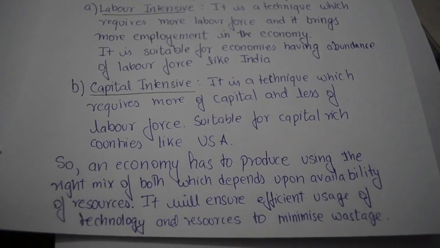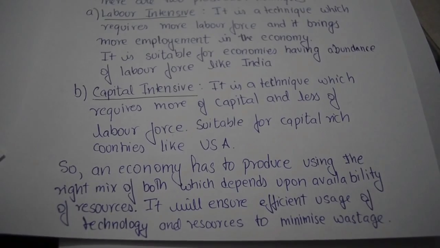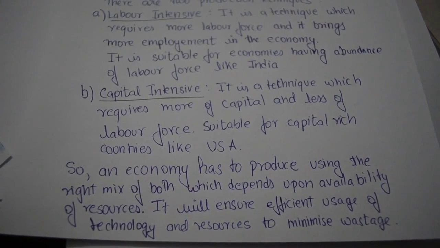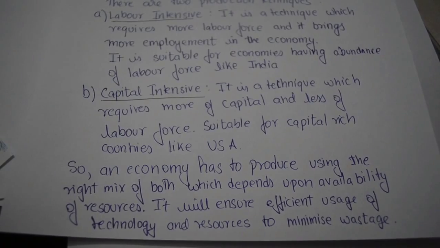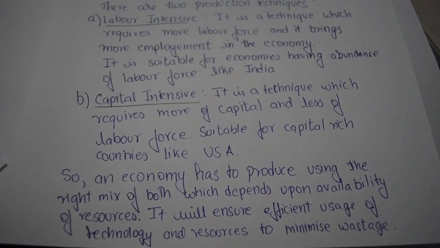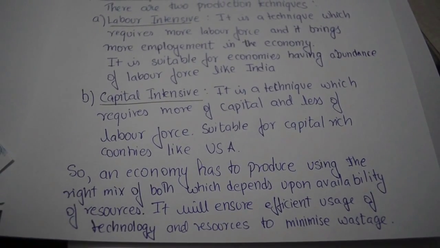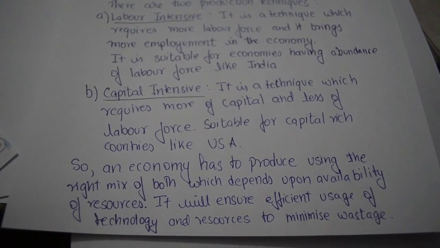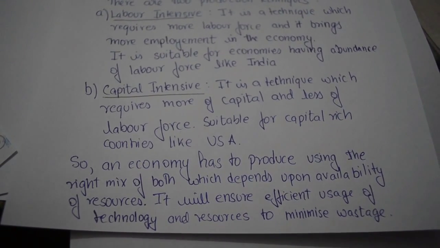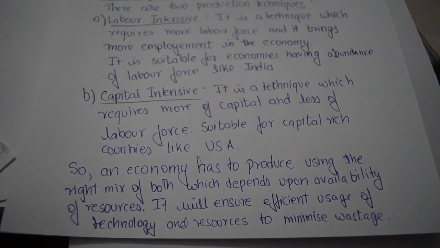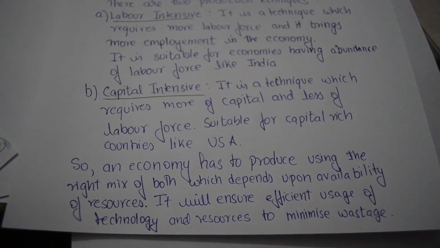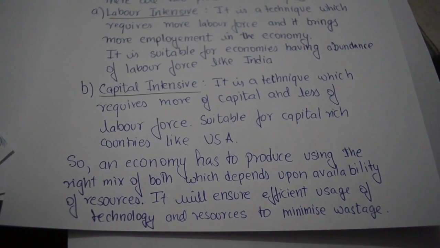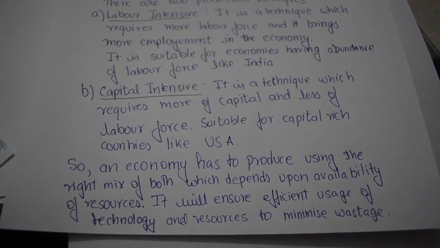Then we come to capital intensive: it is a technique which requires more capital and less labor force, suitable for capital rich countries like USA. Basically, an economy chooses the right mix of both depending upon the availability of resources, as it tries to ensure that there is no waste of resources and efficient use of resources is made using new technologies.